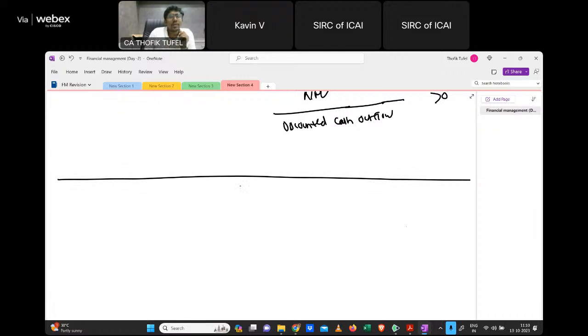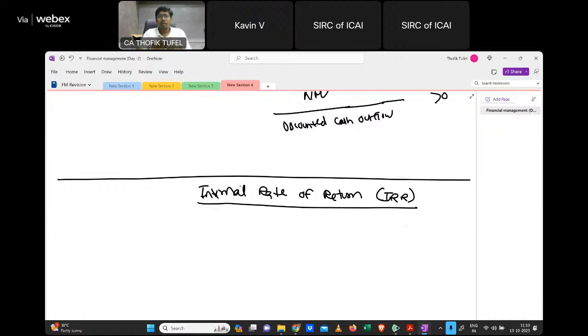Next one, very important: internal rate of return, also called IRR. Now, what is internal rate of return? It is the actual return from the project cash flows.